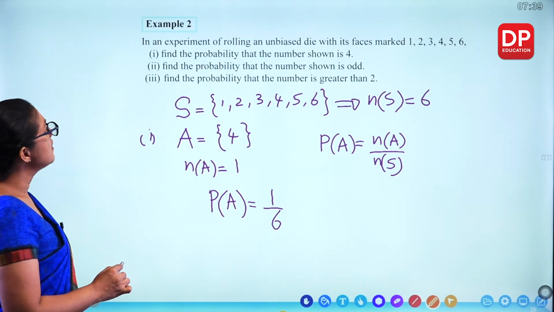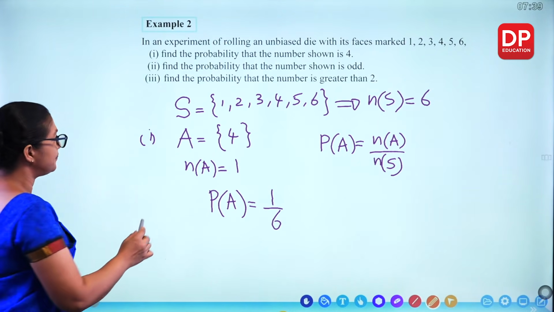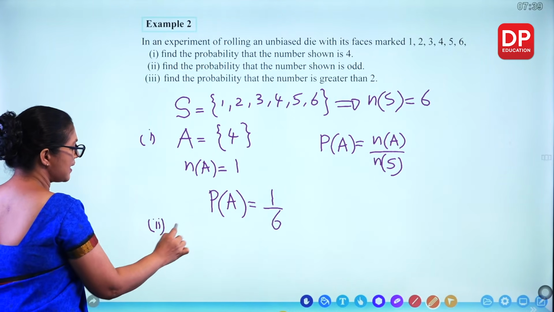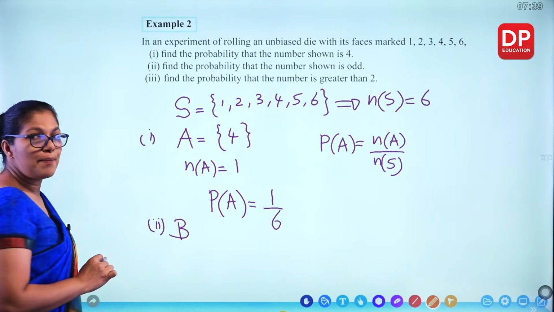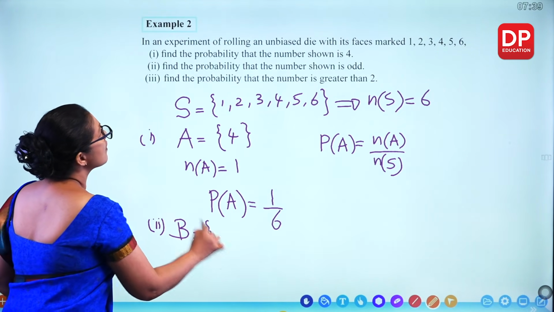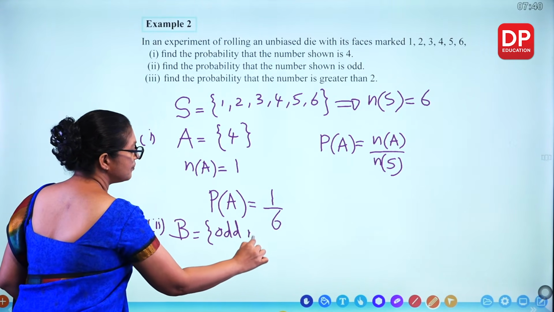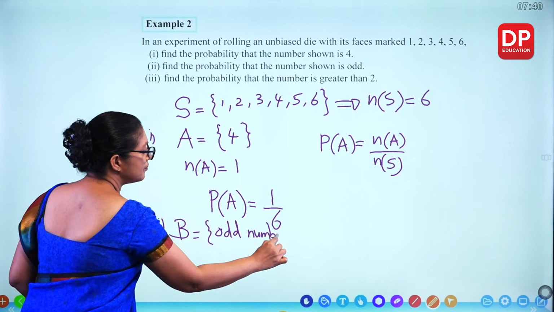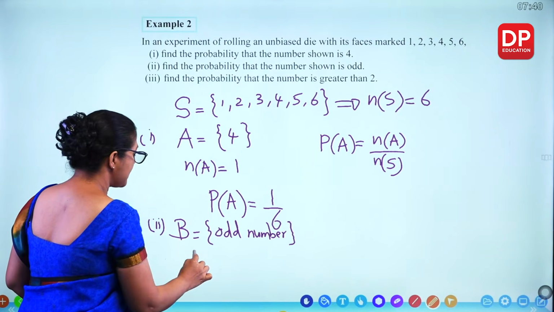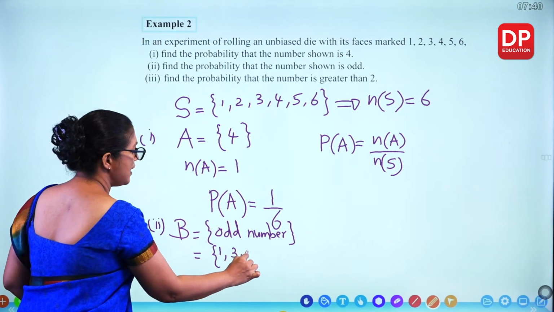Then the next one, find the probability that the number shown is odd. We'll take a letter B for that. B is odd number. What are the odd numbers there? When you take 1 to 6, 1, 3, 5.